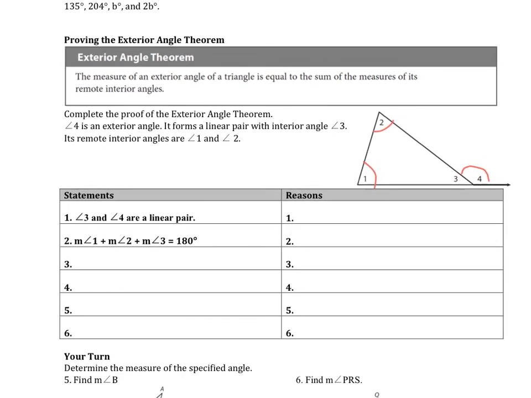So with that, angle 3 and angle 4 are a linear pair, and that is given. And then 1 plus 2 plus 3 equals 180, and we know that from something that we already proved today, which is the triangle sum theorem.